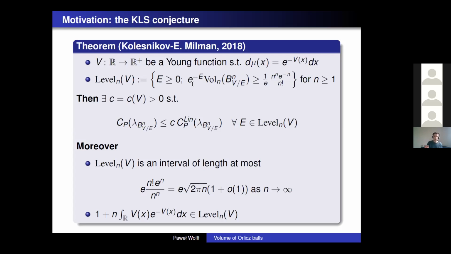So let's define such a set, and then they say that the KLS conjecture holds for Orlicz balls generated by the function V divided by E, rescaled in that fashion, in dimension n, for each level E from this set.